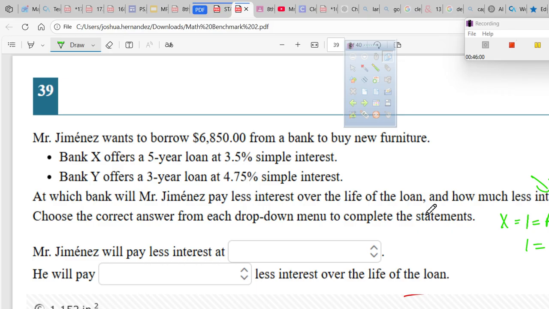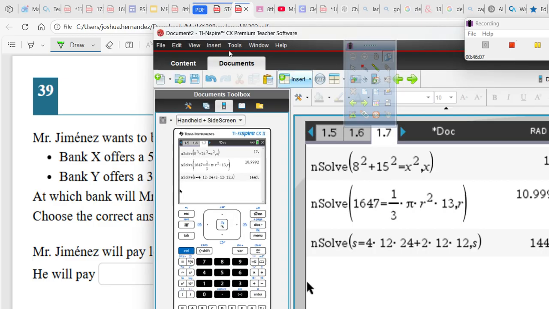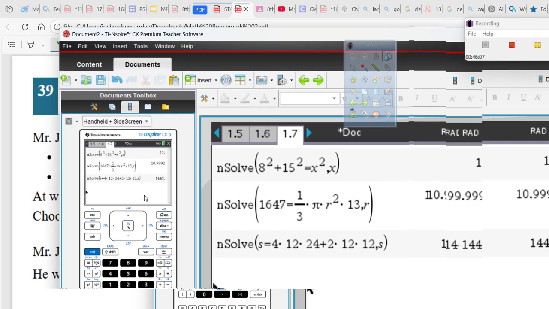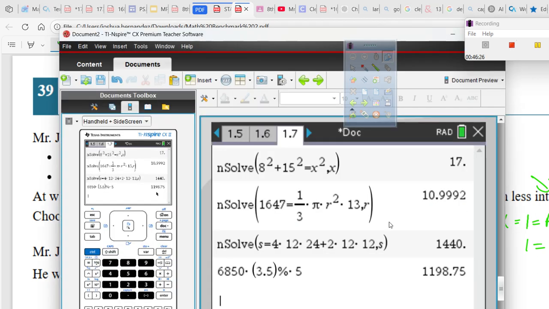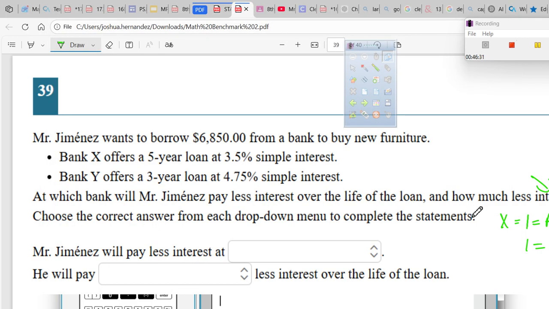Okay. 6,850 times 3.5% times 5. So for this one here, he's going to get 1,198.75. That's his total interest.